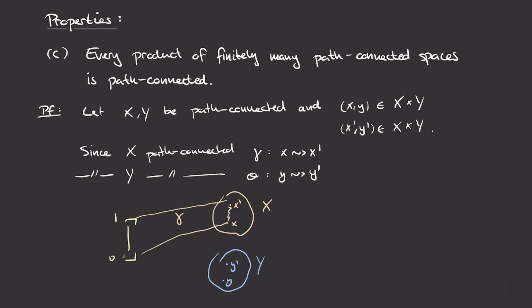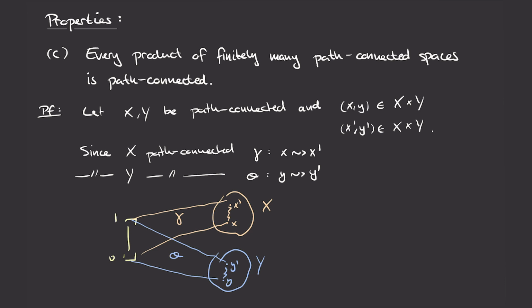This is gamma. And then once to y to get a path. This is theta. And now we want to use these two maps to construct a path in the product space x times y from x comma y to x prime comma y prime. Now the way to do it in this case is just to define this new path component-wise.